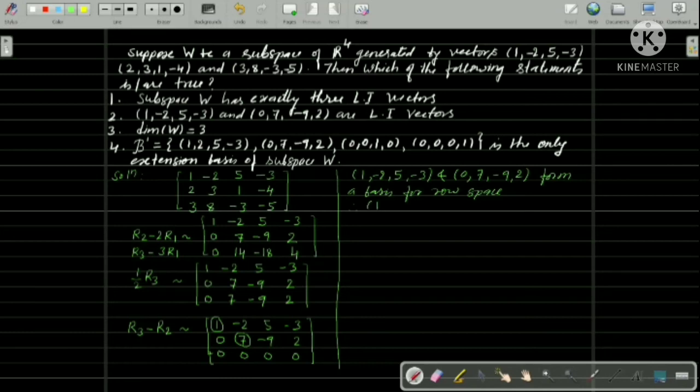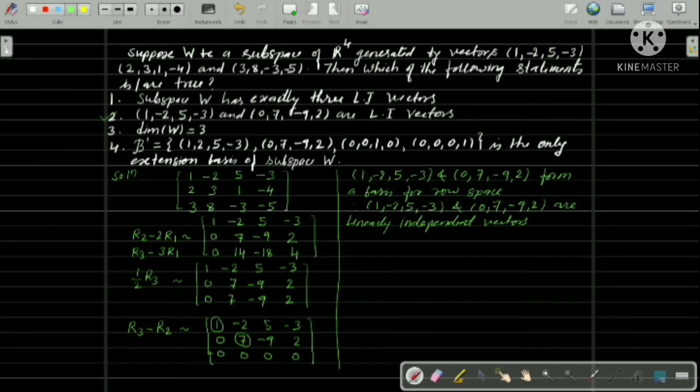So (1, -2, 5, -3) and (0, 7, -9, 2) are linearly independent vectors. Therefore option number 2 is correct.